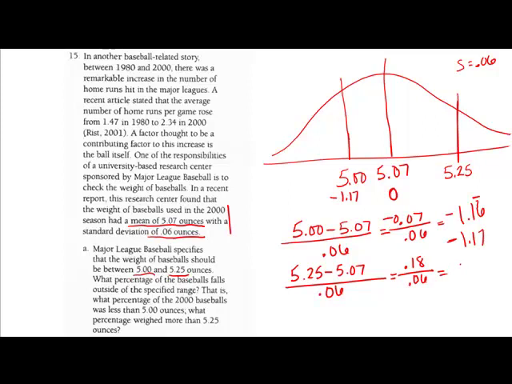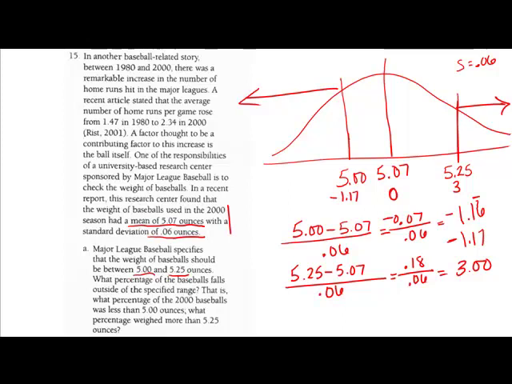Hopefully you recognize that is 3. So I'm 3 away. Now, here's the question. What percentage weighs less than 5 and more than 5.25? So I got to get my table out.